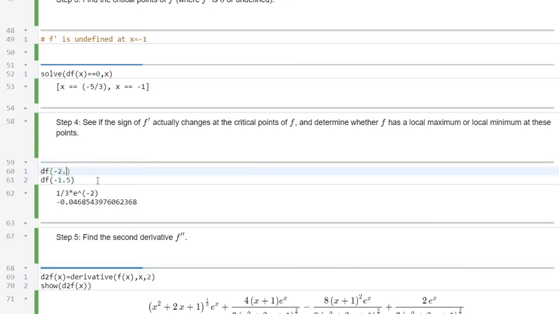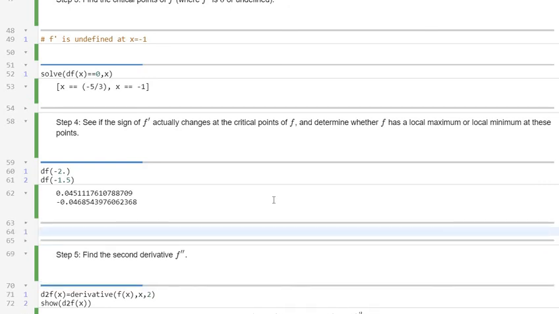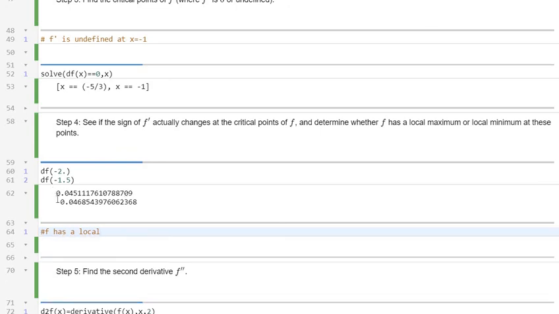And you can see here it gives us the exact value. And like I said in the last video, you can trick it into giving a decimal simply by putting a decimal point on the input. Did the sign change? Yes. So we have a local min or max in the original function. Which one is it? Well, look at the direction of the change. This is the first derivative test. The direction changes from positive to negative. In the derivative, that means the original function f changes from increasing to decreasing.